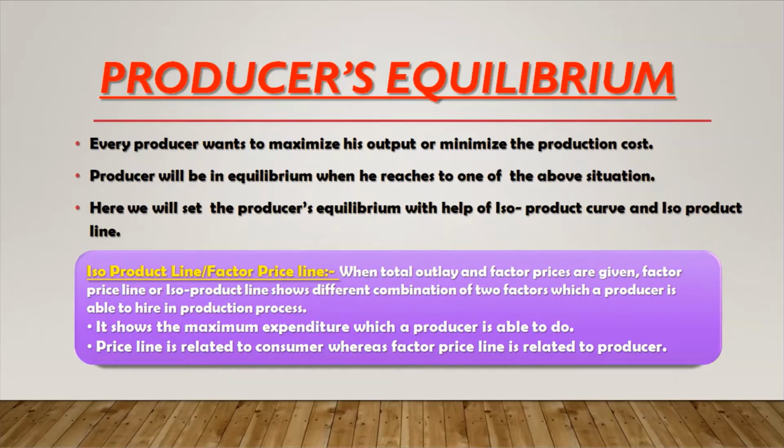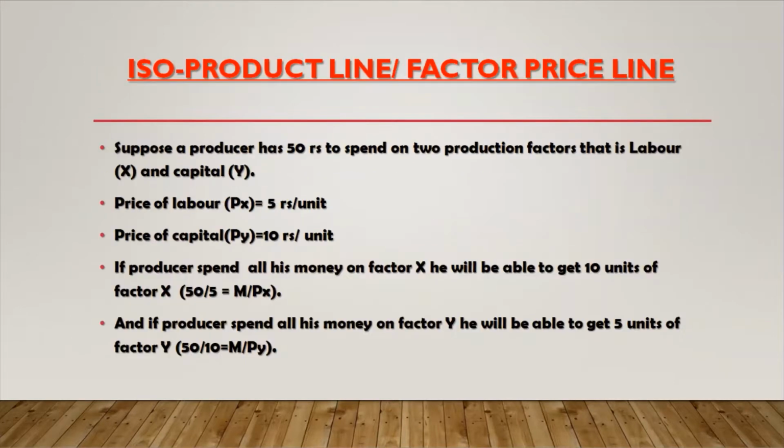When total outlay and factor prices are given, factor price line or isoproduct line shows different combinations of two factors which a producer is able to hire in the production process. It shows the maximum expenditure which a producer is able to do. Price line is related to the consumer, whereas factor price line is related to the producer.